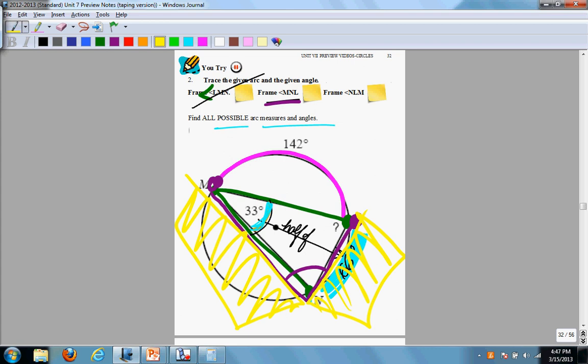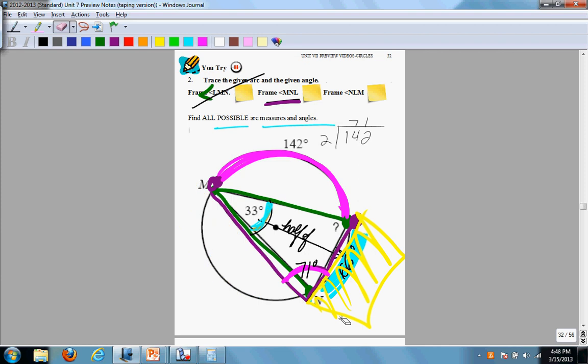That angle is half of the arc it's grabbing. It's grabbing out here. So if that's 142, this back here is going to be half of 142. And of course, that's going to be 71. So back here, this is 71 degrees, that angle right there. Now notice we have a triangle in here.